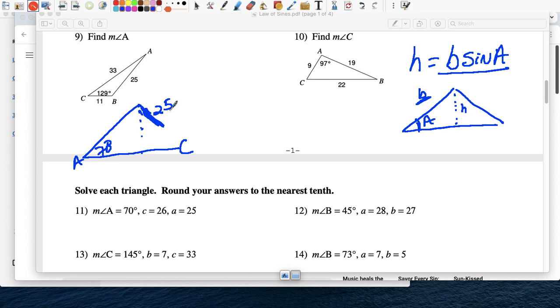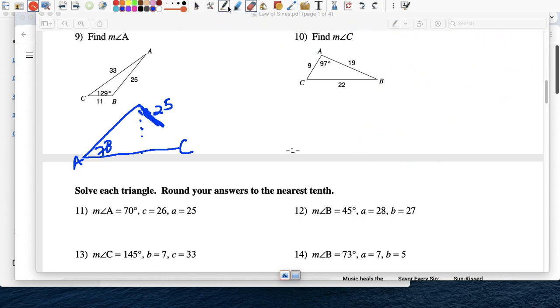The conditions were, let me erase. We have three conditions. Condition 1, here's angle A. This is B, and this is the height. And this is little a.